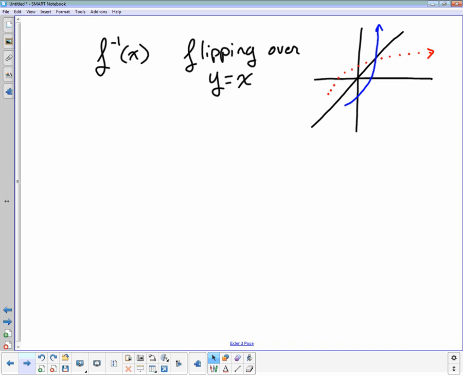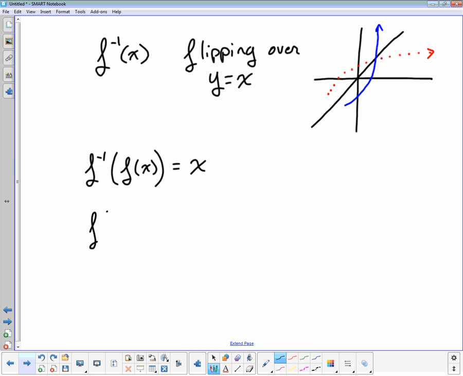I'm flipping it over y equals x. Okay. Here's some important features of the inverse. Assuming that the inverse even exists, for crying out loud, because it doesn't have to. And I'm not just saying that for some special function or anything in particular.